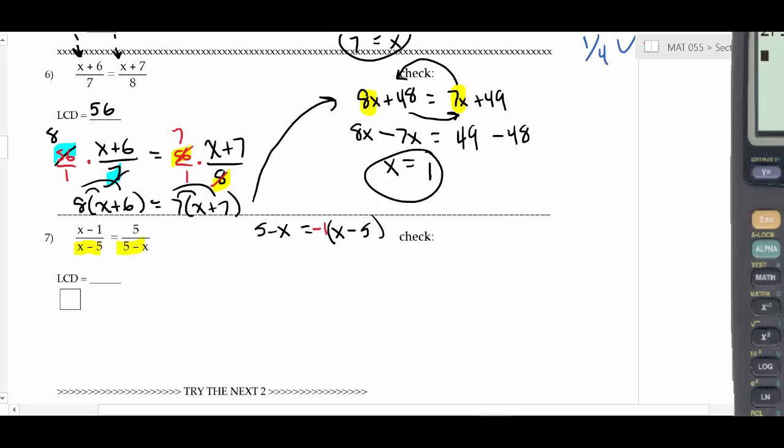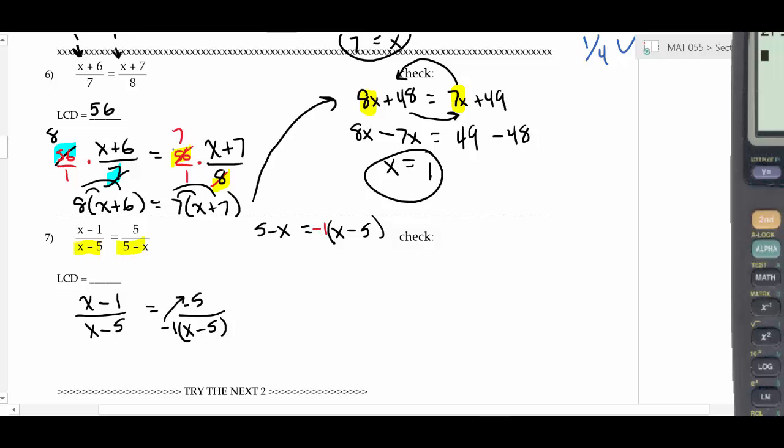So we're going to start by applying what we learned in a previous section. I'm going to leave the x minus 5 as it is, and I'm going to turn around the other one to x minus 5, and what that's going to do is, again, put a negative 1 there. Okay? But the smart thing to do would be to just move that negative to the top. You can just move it to the top. It doesn't have to be on the bottom.